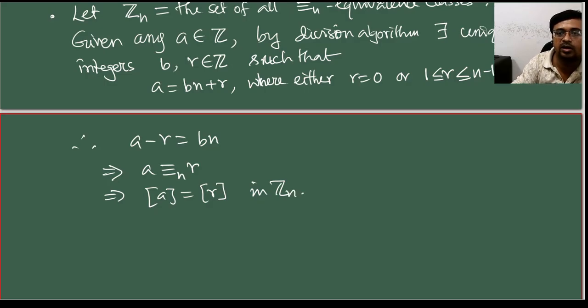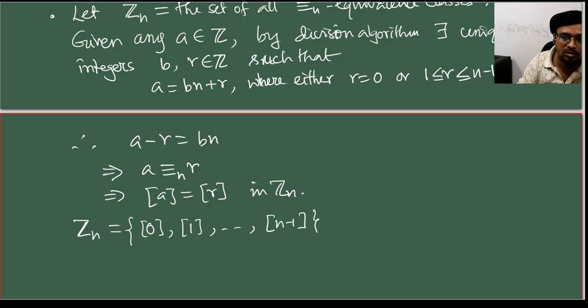Now the choice of r can be from 0 to n minus 1, right? So therefore there are exactly n many elements in Zn, and they can be represented by class of 0, class of 1, up to class of n minus 1, right?